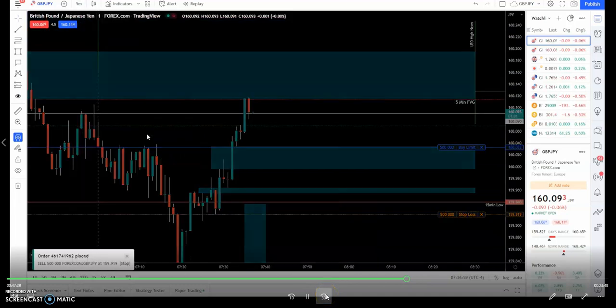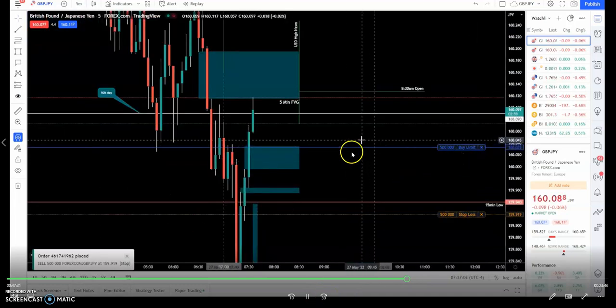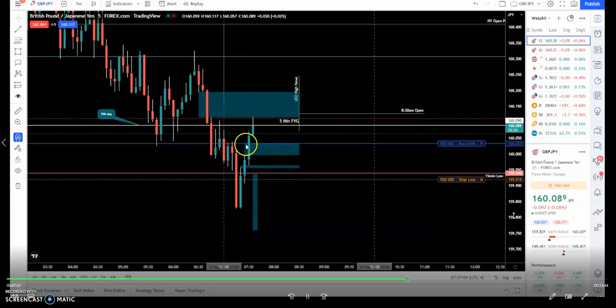So I decided to put in the buy limit right at the top. As you can see on the 5-minute, that was the break of structure there.